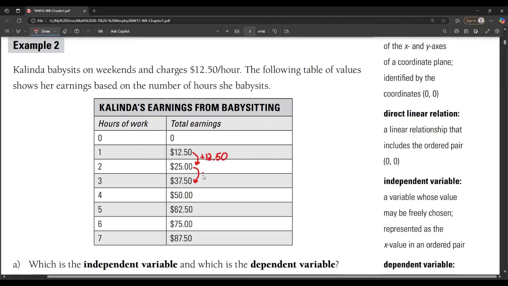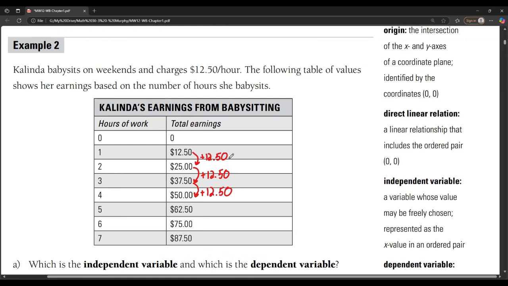It goes up $12.50. And that is going to end up being the slope of our line. So every hour of work that we do, it goes up by $12.50. Well, that is the slope. And you will see on the graph on the next page.